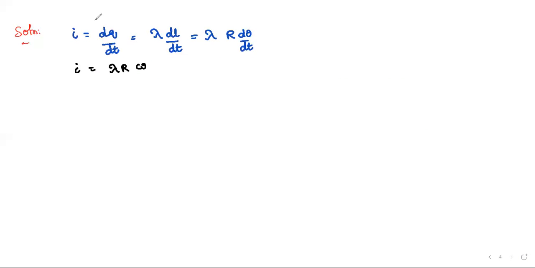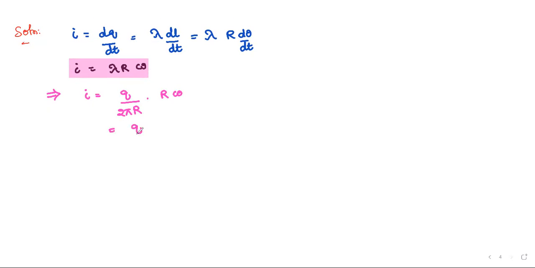You can remember it as a formula. Using the formula, I is equal to lambda, for a uniform distribution, q by 2 pi r times r omega.